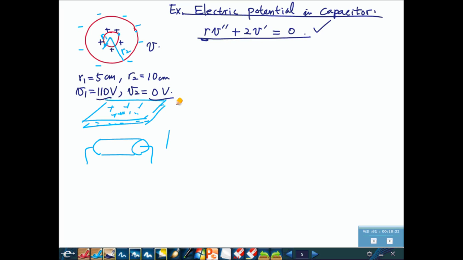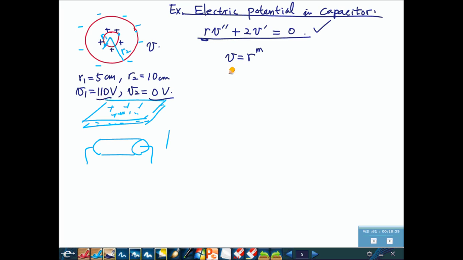And then, let's see. Our Y, sorry, not Y, we are using V. V is R to the M. Our dependent variable is V now, and the independent variable is R, the radius.